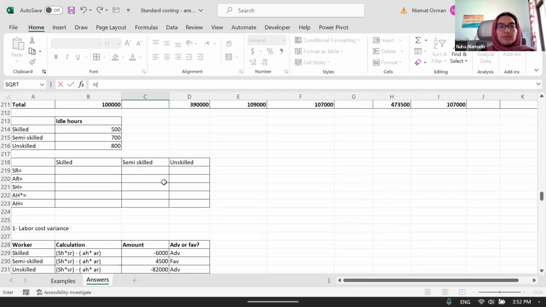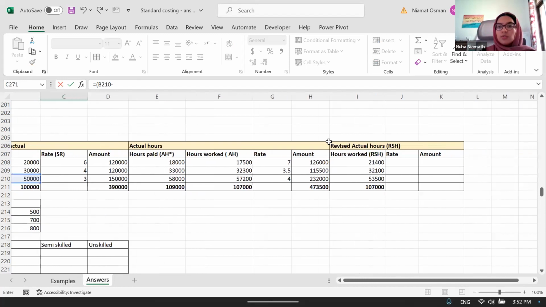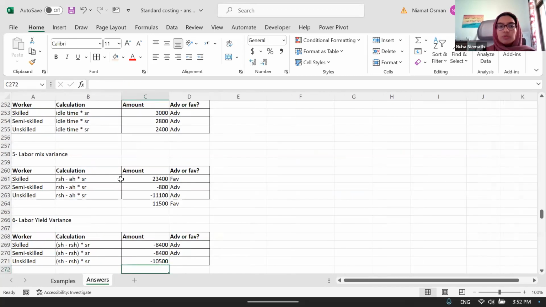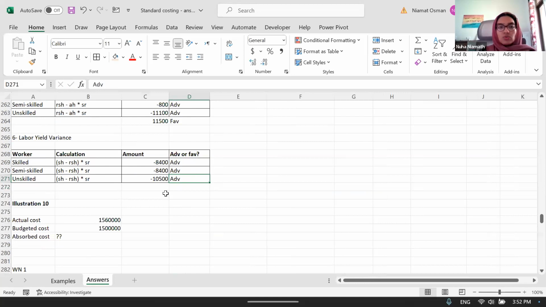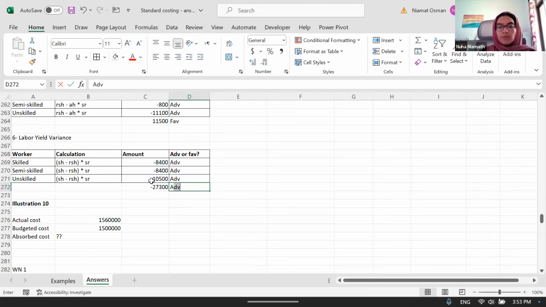So we have 50,000 we should have used. We ended up using again more, 53,500. So all three situations have been adverse for us. So it is all an adverse yield variance for us completely.